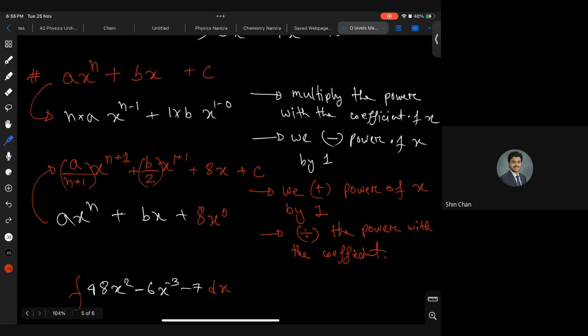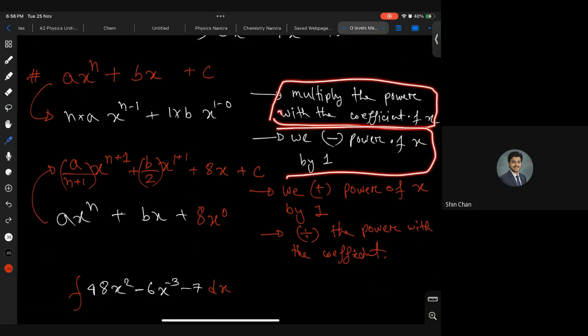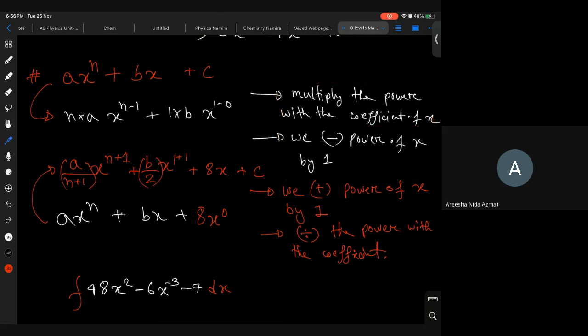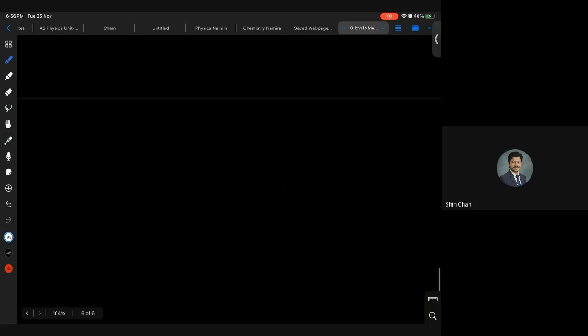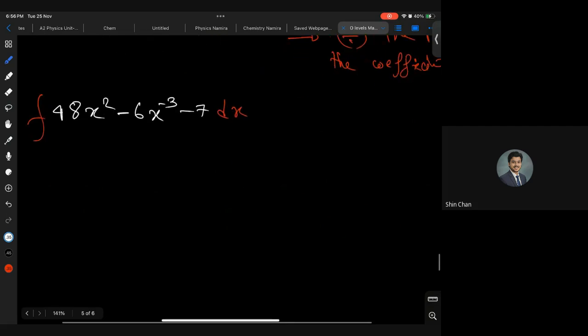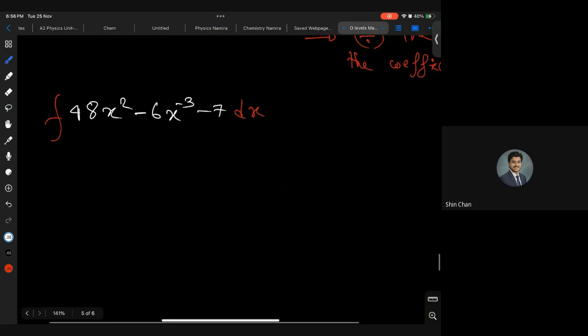See, here. At first, we multiplied the whole thing and then subtracted, right? So we would just plus and then we would divide. Differentiation was multiplication. Integration would be division. Okay. So tell me, what will be the answer?